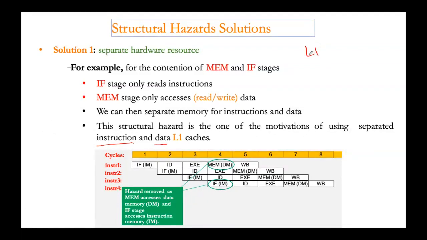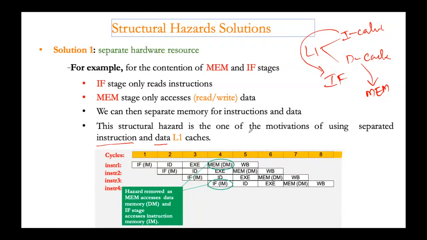We will discuss this L1 cache when we talk about caches. This L1 cache is divided into the instruction cache memory and the data cache memory, where the instruction cache memory holds the instructions and the data cache memory holds the data. The instruction cache will be present in the instruction fetching stage, and your data cache will be used in the memory stage.